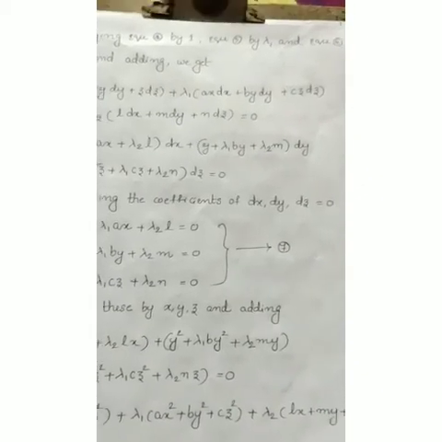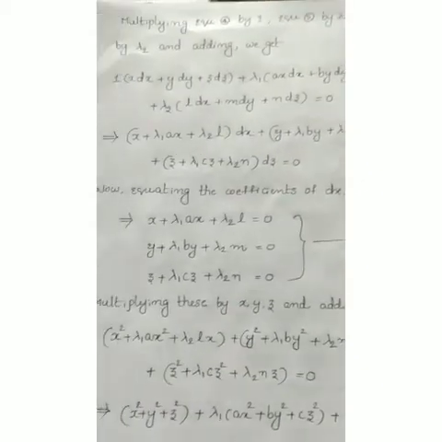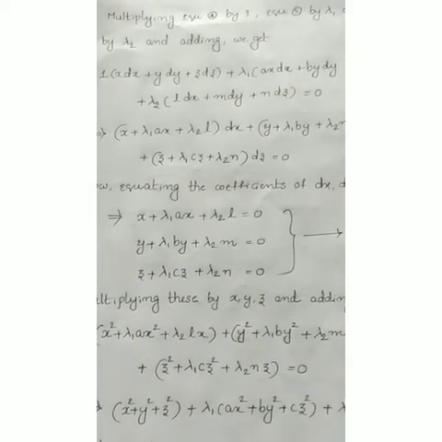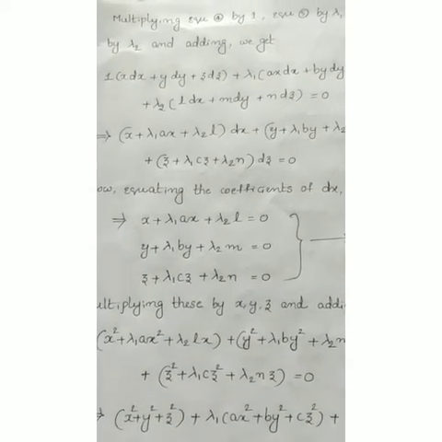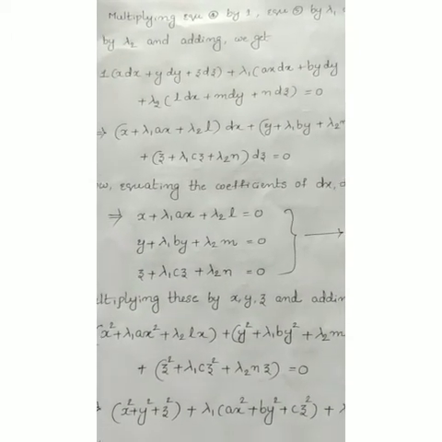Now multiplying equation 4 by 1, equation 5 by lambda 1 and equation 6 by lambda 2 and adding, we get 1 into (x dx + y dy + z dz) + lambda 1 into (ax dx + by dy + cz dz) + lambda 2 into (l dx + m dy + n dz) = 0.